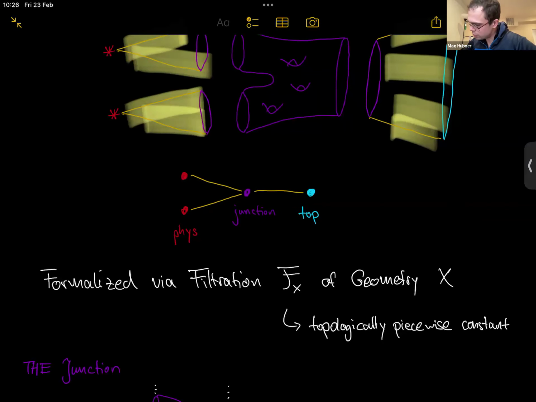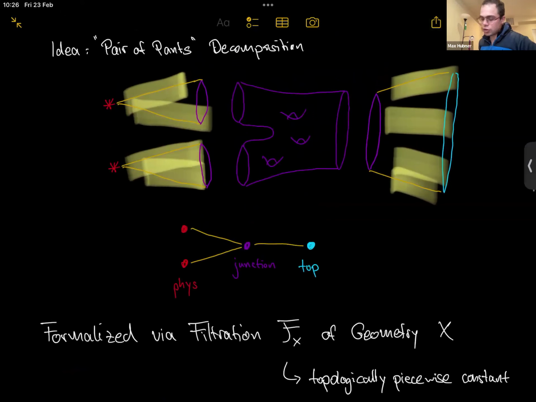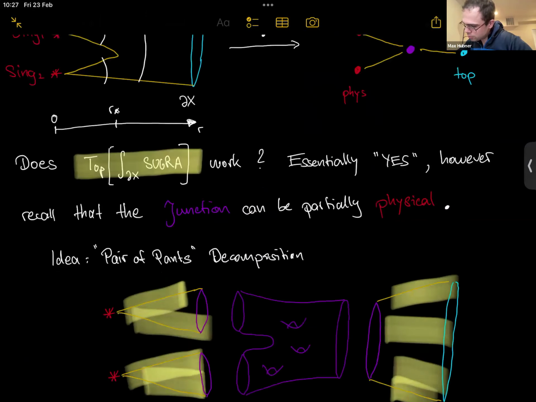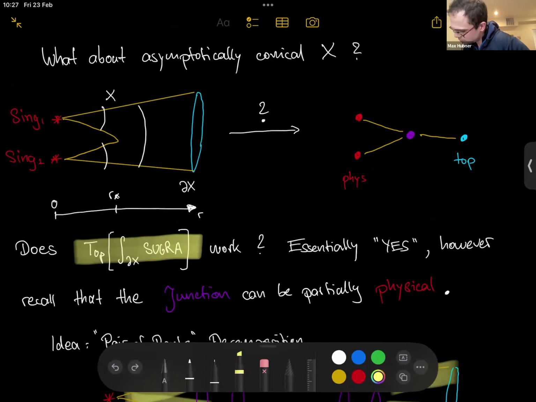Oops, let me also get rid of this. There. Filtrations of the geometry, where there's this pair of pants in the middle, but this is like some properly extended thing. And if I really want to push the idea of integrating supergravity terms over radial slices of my geometry, then, as best seen in the above picture, there'll be some critical slice here where the two neighborhoods of the singularities meet and combine into the larger one, which dominates the radial slice afterwards.